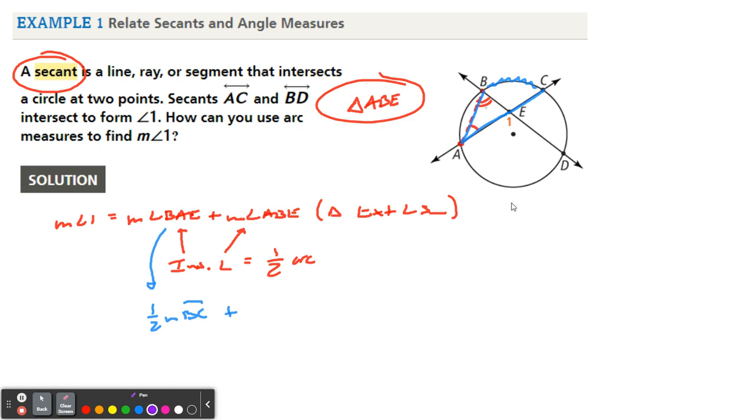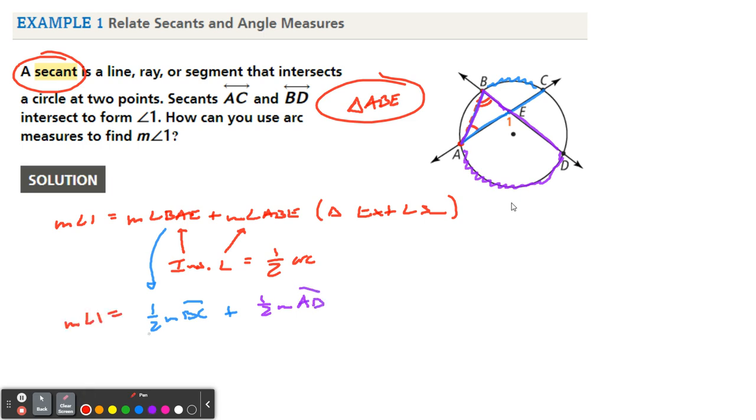In purple, if I trace angle ABE and extend BE all the way to D, we see that angle ABE intercepts arc AD, so it's equal to half the measure of arc AD. So this is what the measure of angle 1 equals.